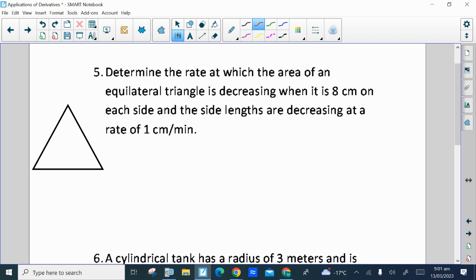So the sides are all 8 centimeters. We want to find the rate at which the area is decreasing. So we want to know what dA by dt is.